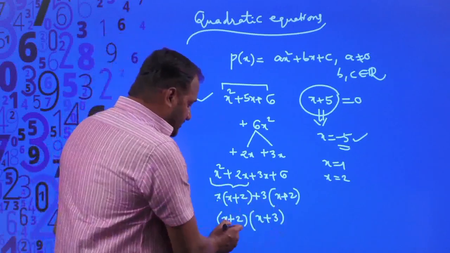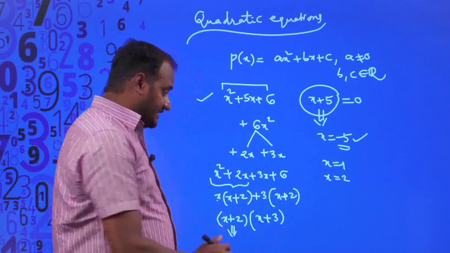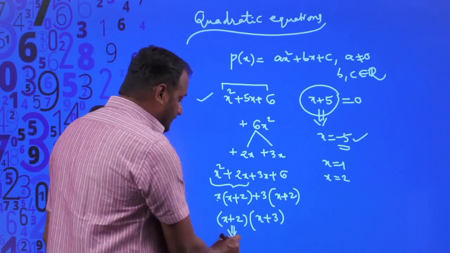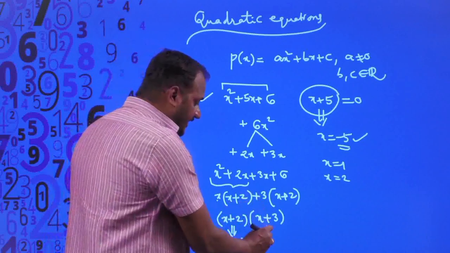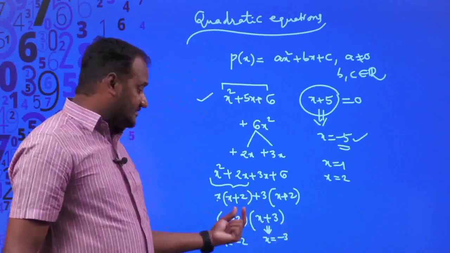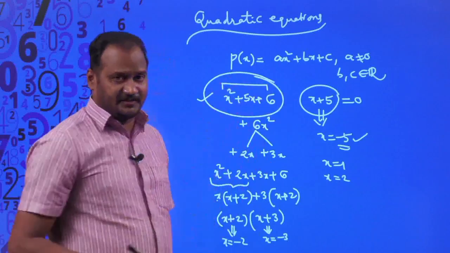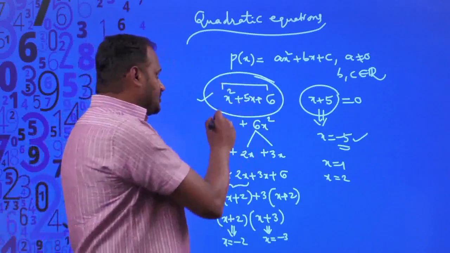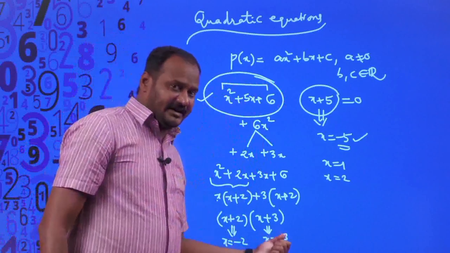So the first term x plus 2 is 0 when x is equal to minus 2, and x plus 3 is equal to 0 when x is minus 3. So for x equal to minus 2 as well as for x equal to minus 3, this entire polynomial will become 0. Therefore, the zeros of this second degree polynomial are minus 2 and minus 3.